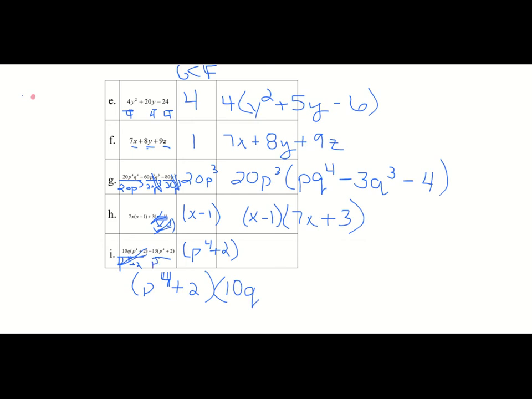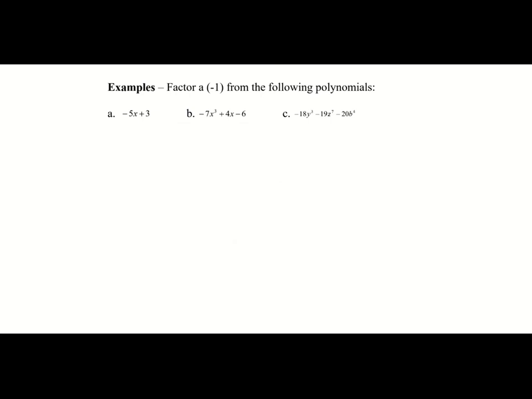Again, if I factor out p to the 4th power plus 2, I'm left with a negative 13. So there's my final answer. What we just did is part of what we call factoring by grouping. We will see this again when we factor by grouping.